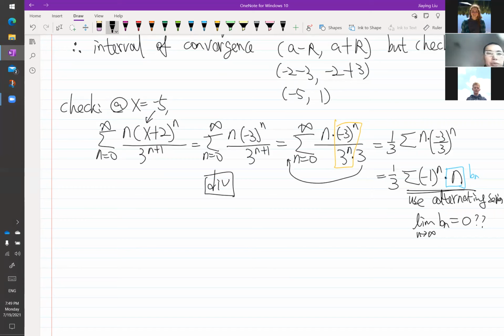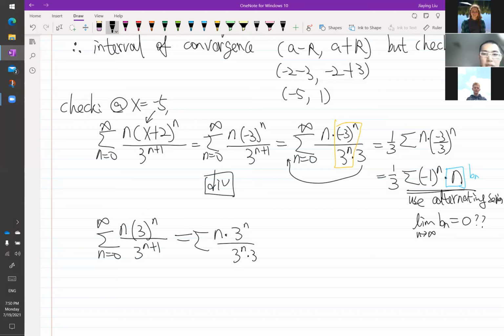What about x equals 1? Again, you can put it in there. From 0 to infinity, and x is 1, so we get n times 3 to the n divided by 3 to the n plus 1. Do the same trick. Combine the 3 to the n terms. So we just end up with sigma n times 3 to the n divided by 3 to the n times 3.